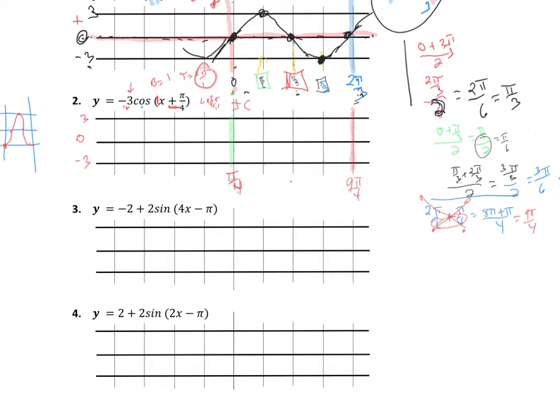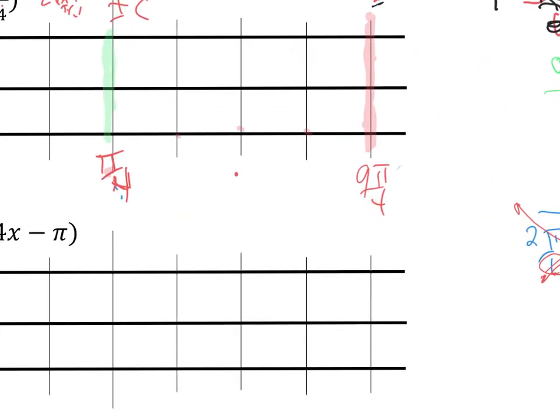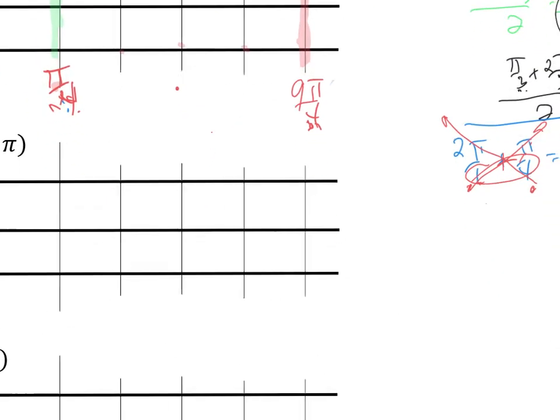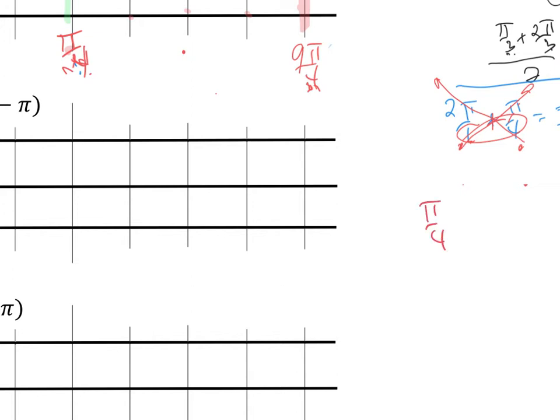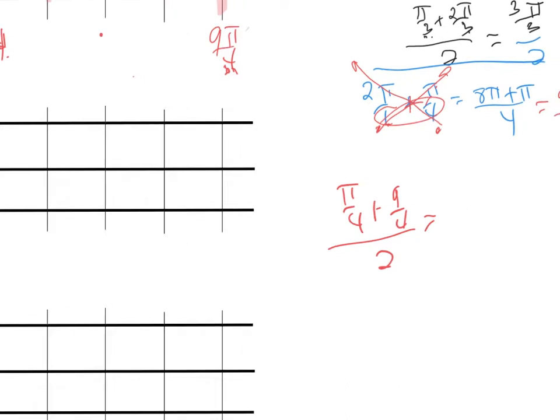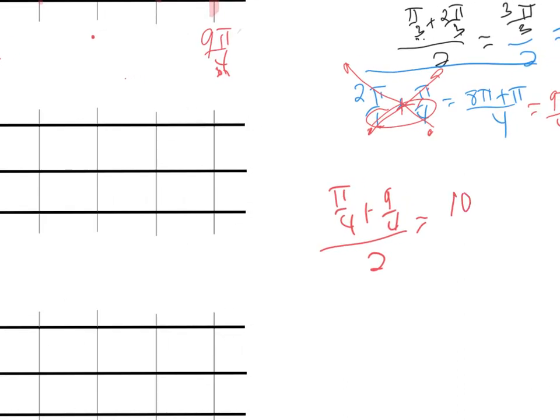To get the middle here, what do I do? I add these two numbers and I divide by 2. It's pi over 4. Oh, that's easy. Those same denominator. So if I go pi over 4 plus 9 pi over 4 divided by 2, that turns into 10 pi over 4 because it's really simple to add common denominators. And it's divided by 2.